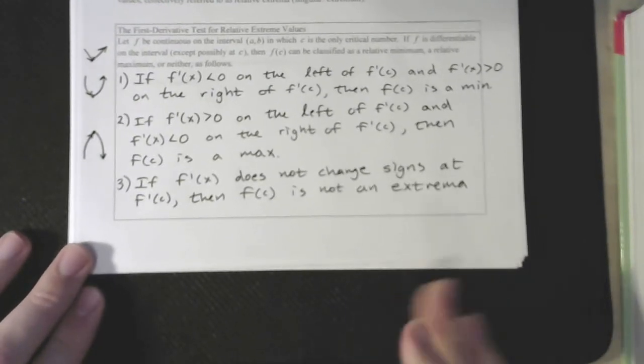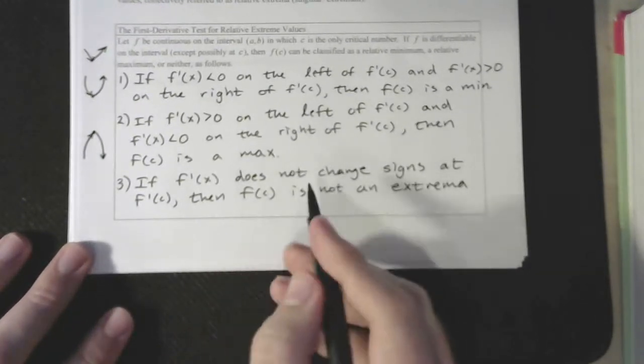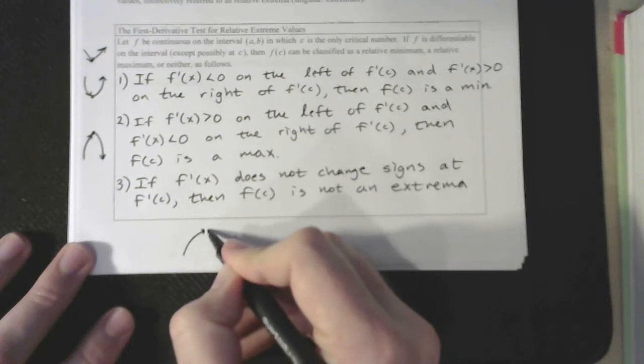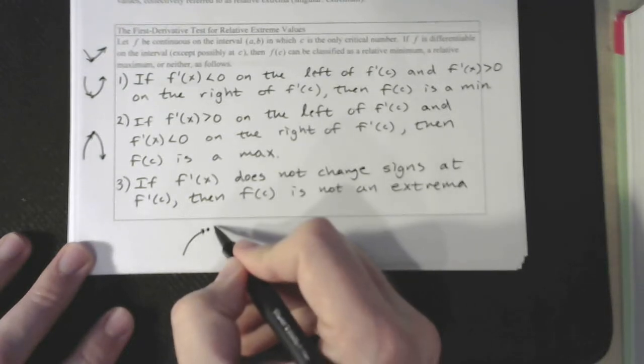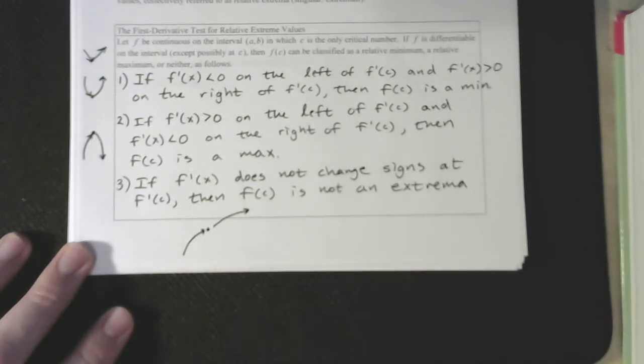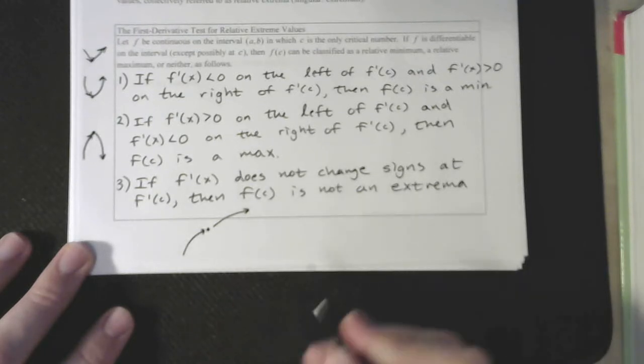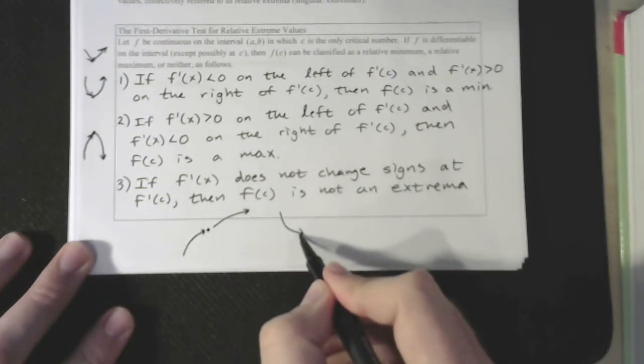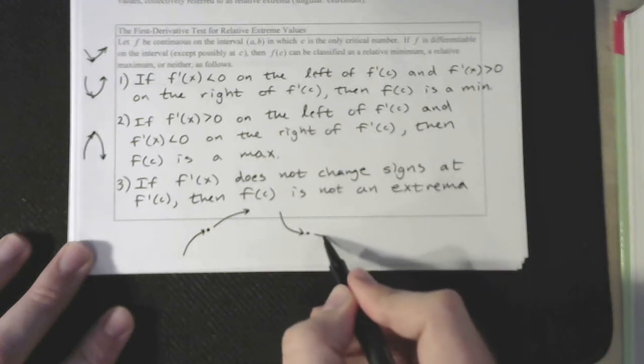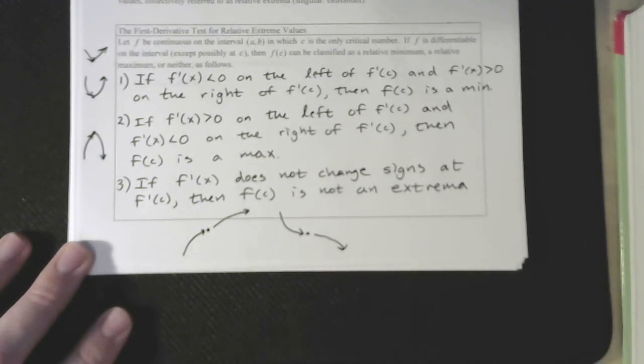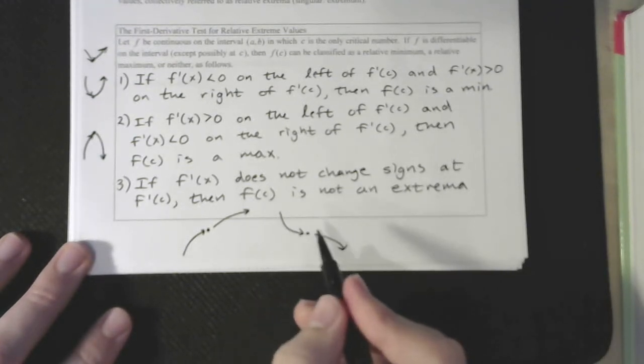So this is when things to the left are smaller and things to the right are bigger. So you can increase up to your critical number and then keep increasing. So we go positive, positive. Or we can decrease down to our critical number and then keep decreasing. Negative, negative.